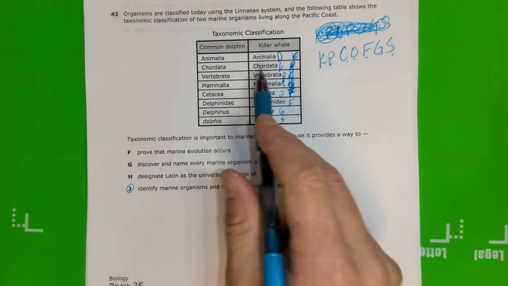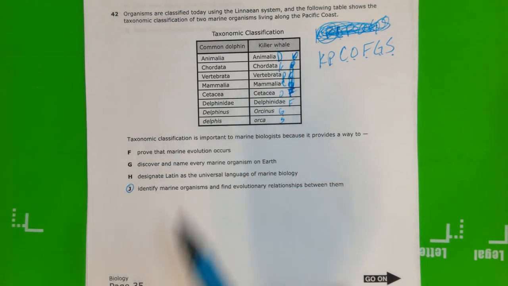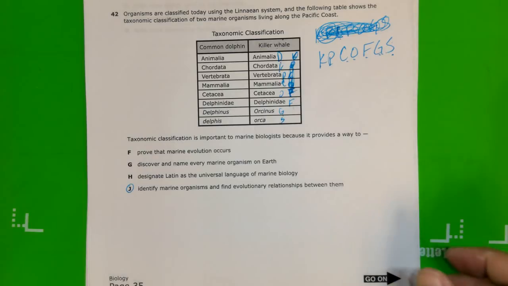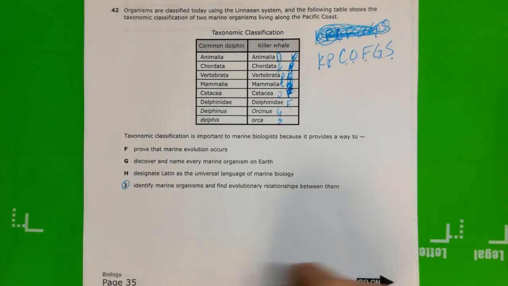So we use taxonomic classification to not only identify specific traits and characteristics about animals and other living things, but it also shows us evolutionary relationships.